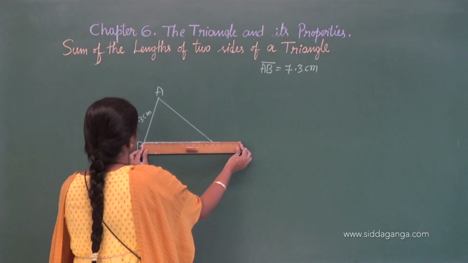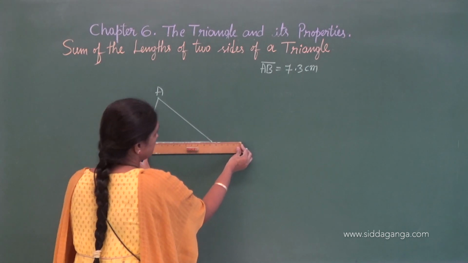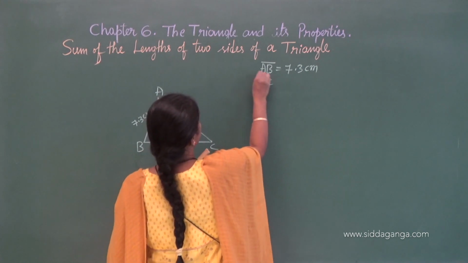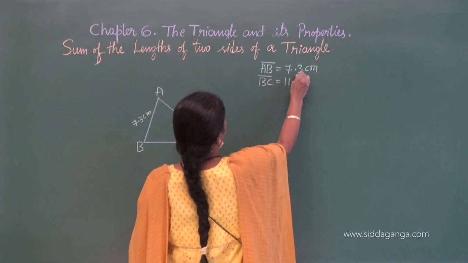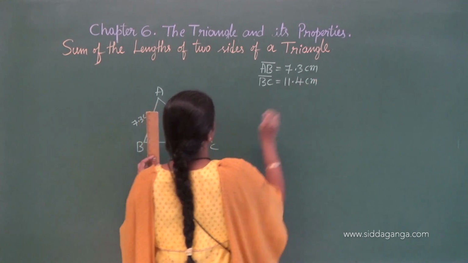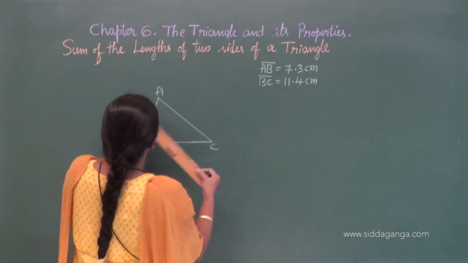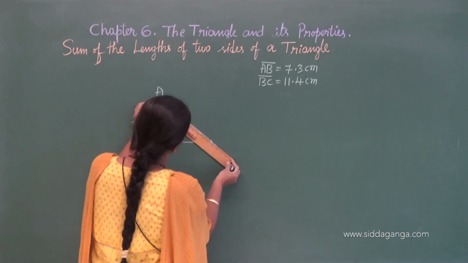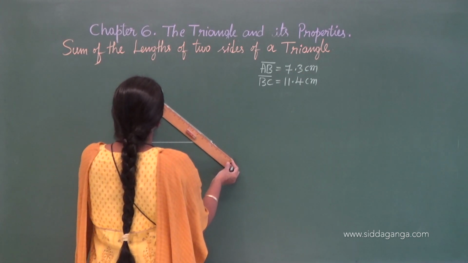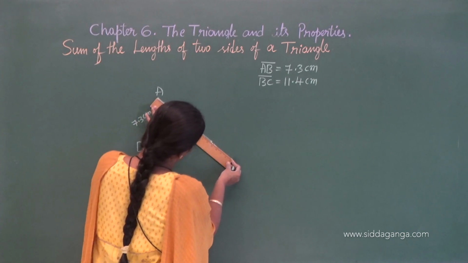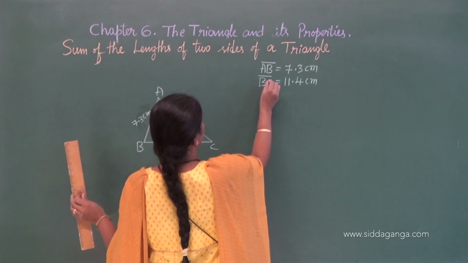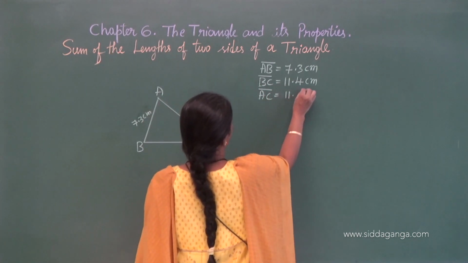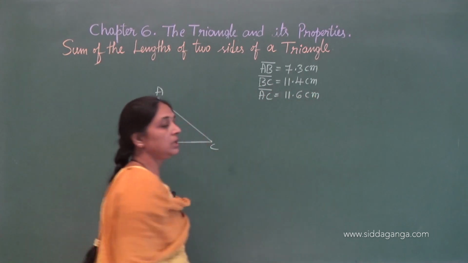It is 11.4. The length of BC is 11.4 centimeter. Okay. The length of AC here is also 11.6. The length of AC is 11.6 centimeter.